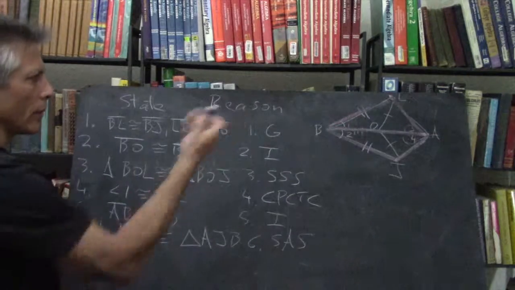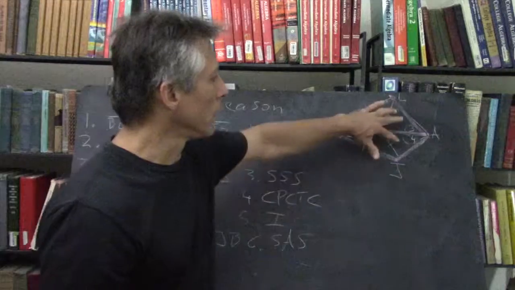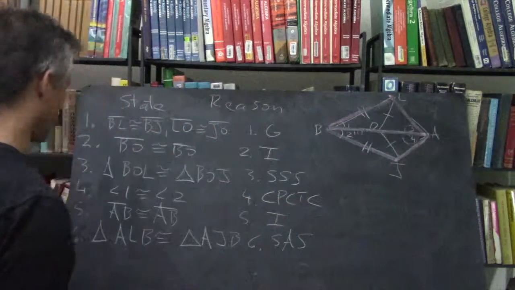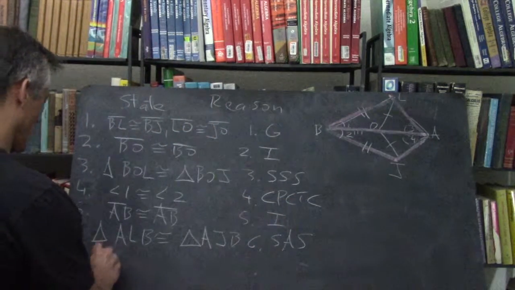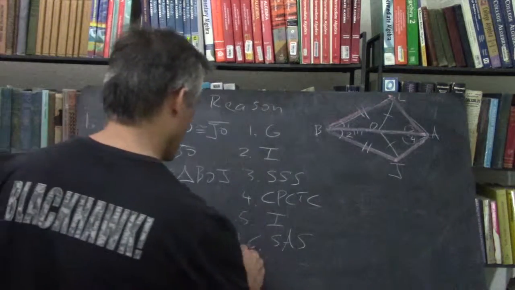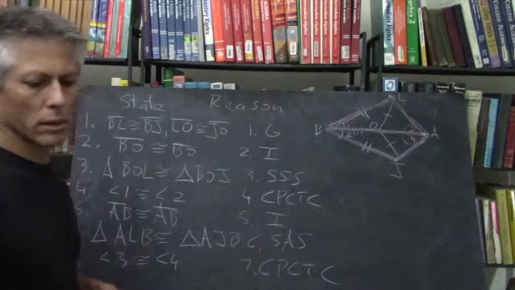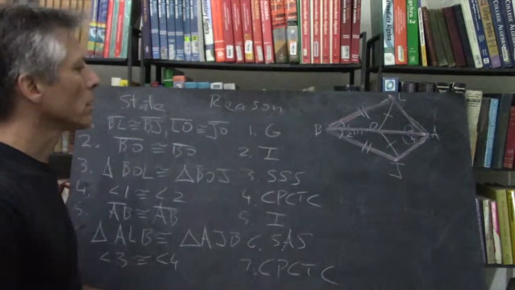And then lastly, the thing we want to prove, since the top triangle and the bottom are congruent, their parts are congruent. So 3 is congruent to 4. And that's it. CPCTC. So we're done with that one.